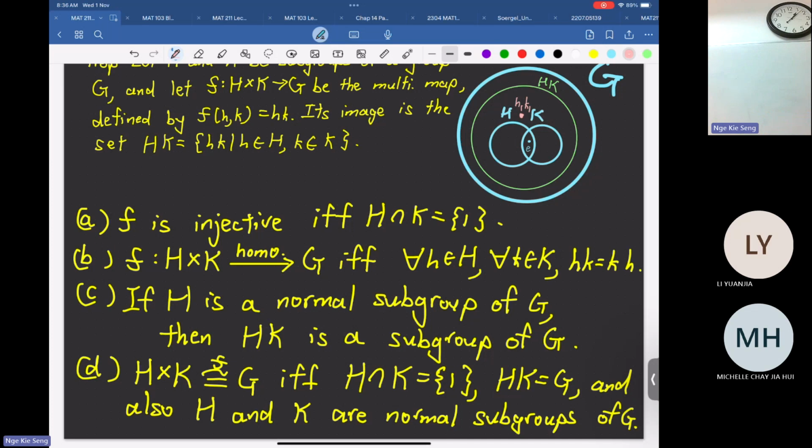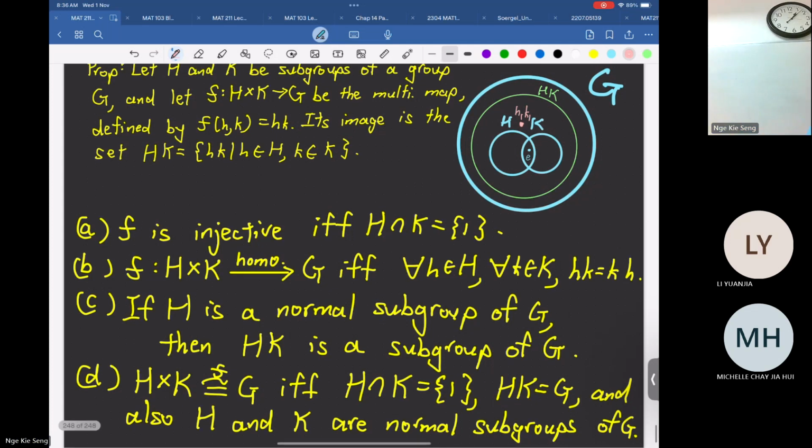Try to think about it, discuss with your friend, and write it down. Just pick any direction you like and try it.